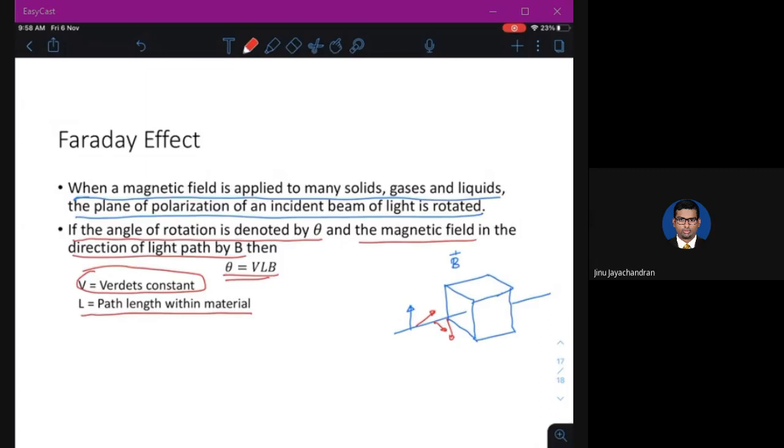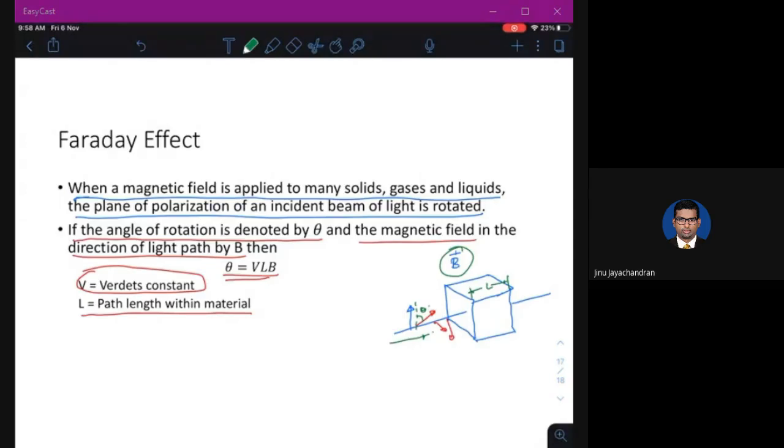Let's say the rotation angle is theta, measured from the normal. Theta is given by the applied magnetic field along the direction of propagation, the path length L, and the Verdet constant.